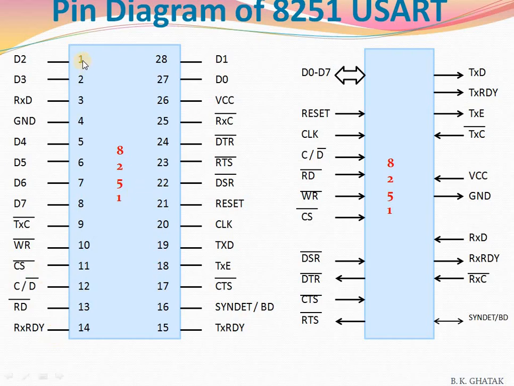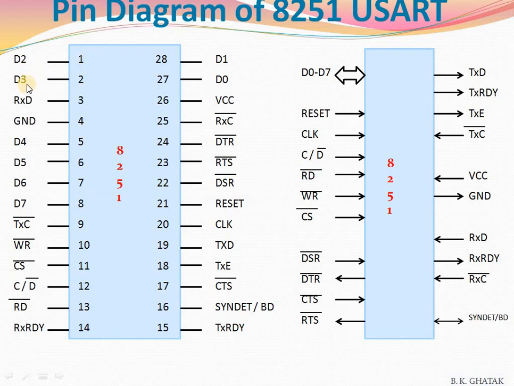Clear? So from pin number 1 to pin number 28 there are various data bus signals, transmitter signals, power supply signals, receiver signals, control signals and some modem control signals. Clear? So this is the sequential figure where you can easily see the signals serially.